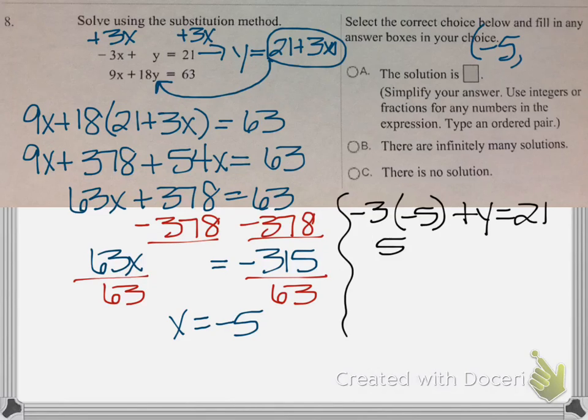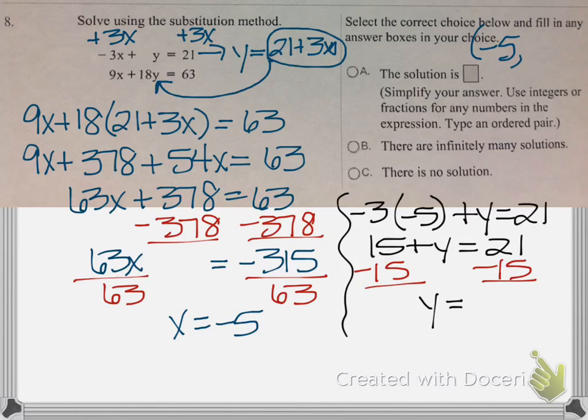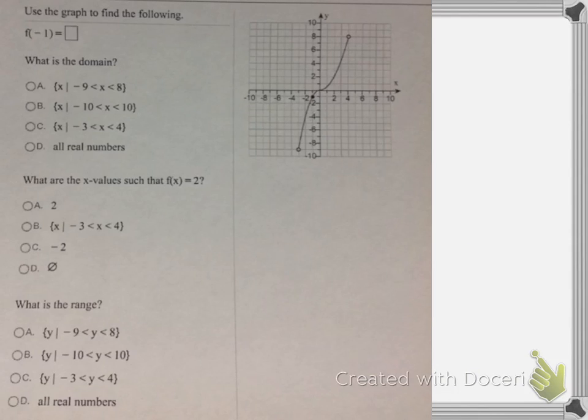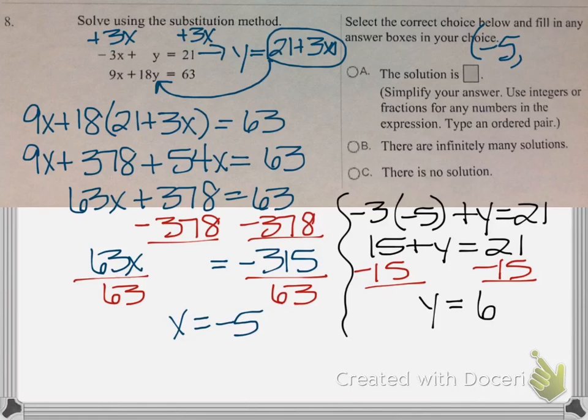So that's a positive 15 plus y. Subtract 15 from both sides. And y equals 6. So it looks like our final answer is -5, 6.